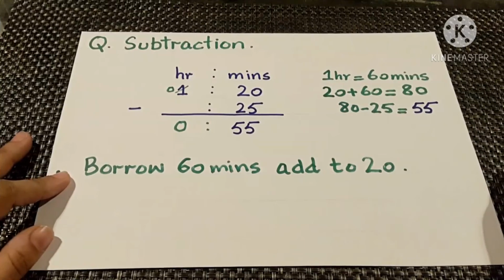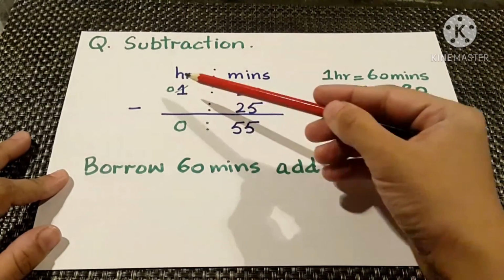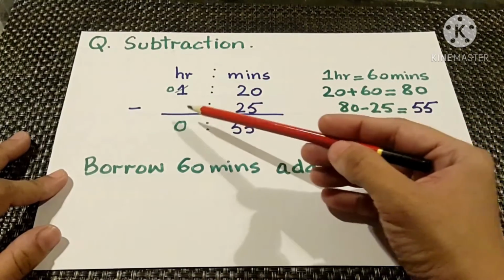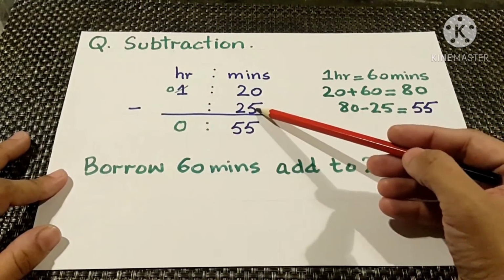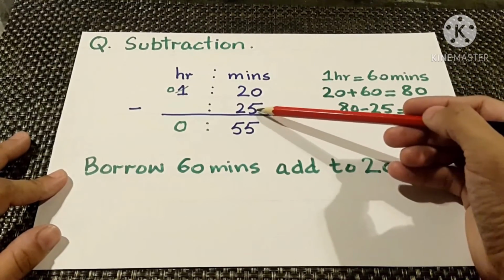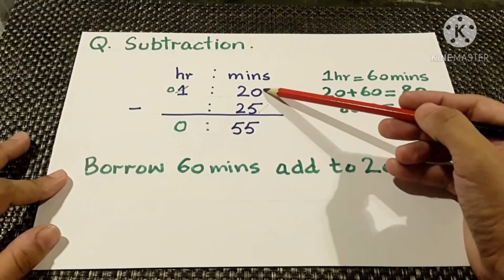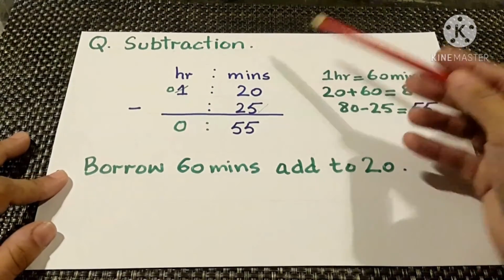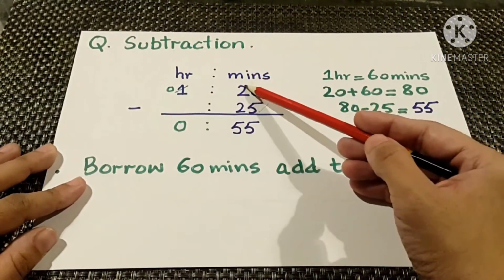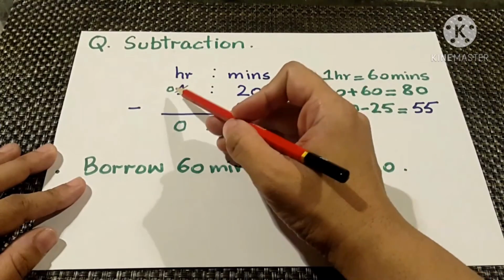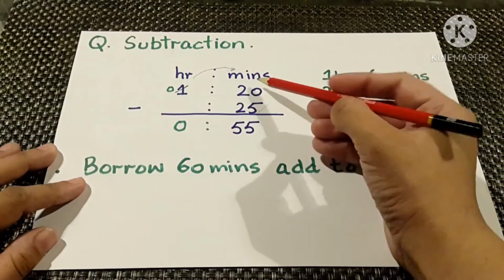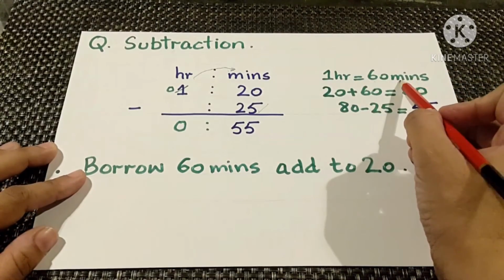Now the concept of subtraction. Hours and minutes. Hour is 1 and minute is 20. And we have to subtract 25 minutes. Now how will we do it? We can't subtract 25 from 20. 25 is a bigger number, 20 is smaller. We can't do the subtraction, so we have to borrow. Now what will we borrow? We will borrow 1 hour. 1 hour we are borrowing from the hour section to the minute section, and we know 1 hour is 60 minutes.